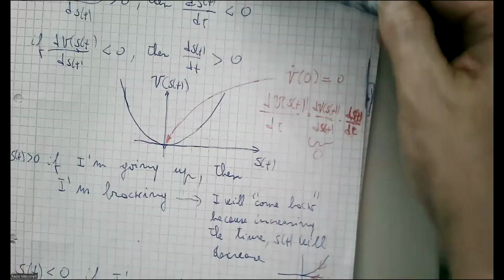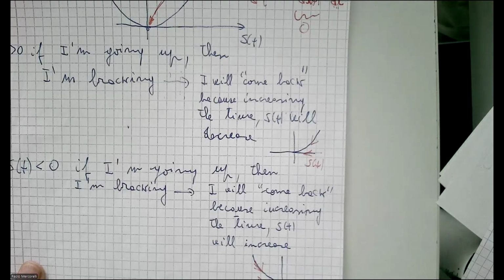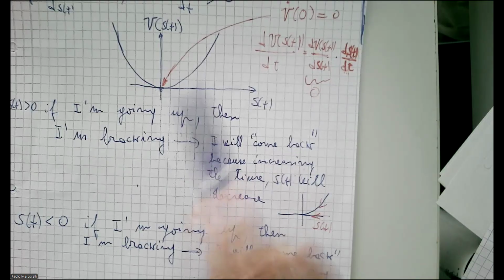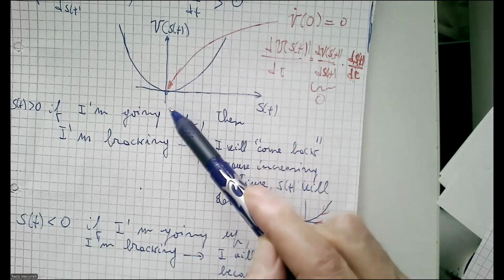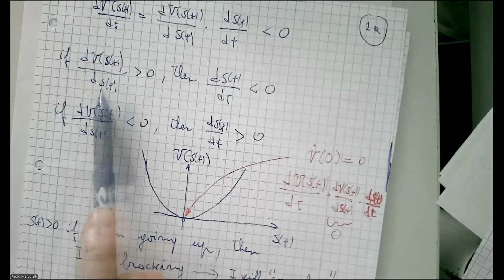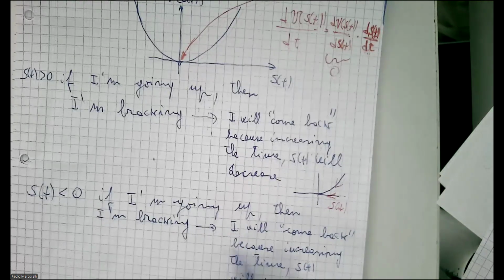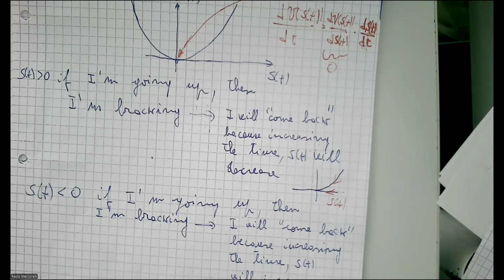But let me explain what I told you until now, using these two schemes. In this part here, if I'm going up, this means the derivative of v with respect to s is positive, then I am breaking. And then I will come back, because s of t will decrease.